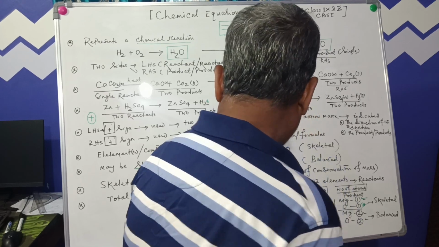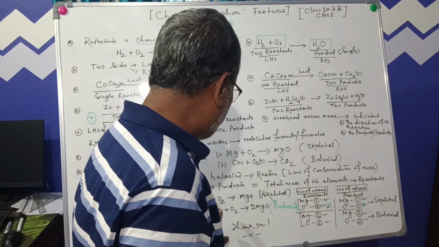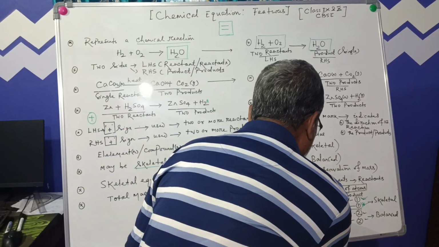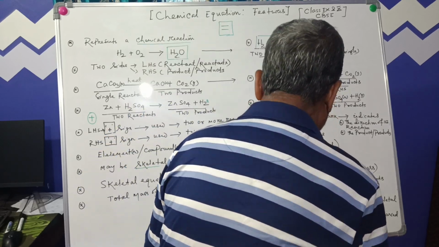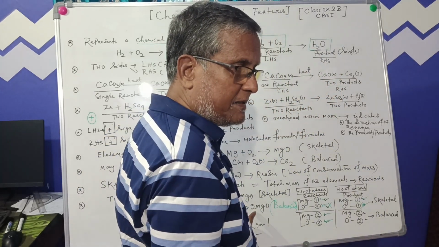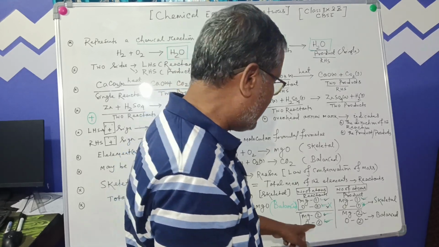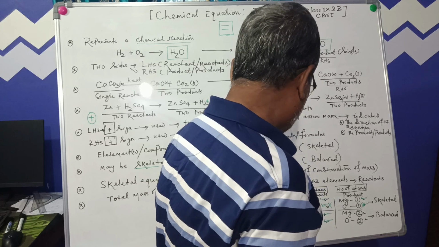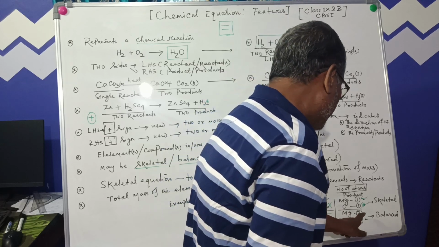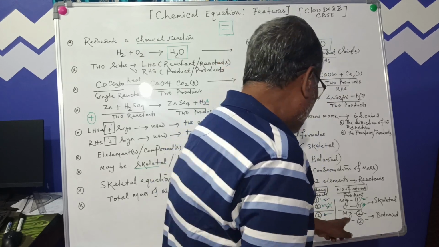Now you see, count the number of atoms of Mg: 2, and oxygen 2. This is the reactant side. Now the product side, the right hand side. In 2 MgO, the 2 is multiplied with both Mg and O, so 2 magnesium atoms and oxygen also 2.